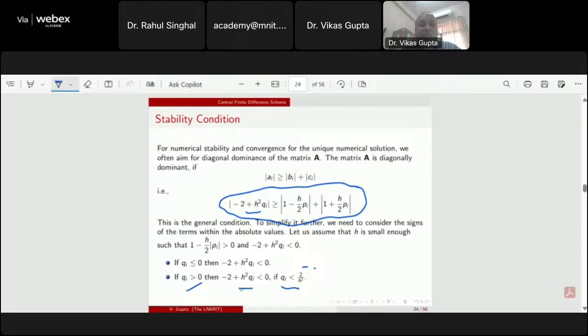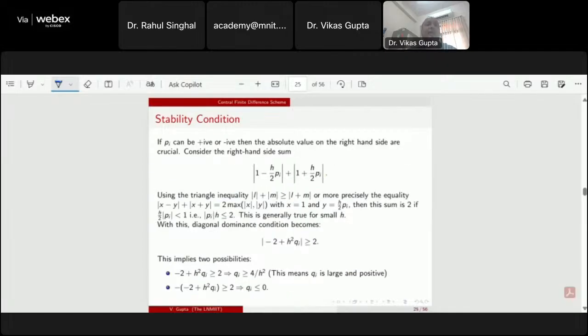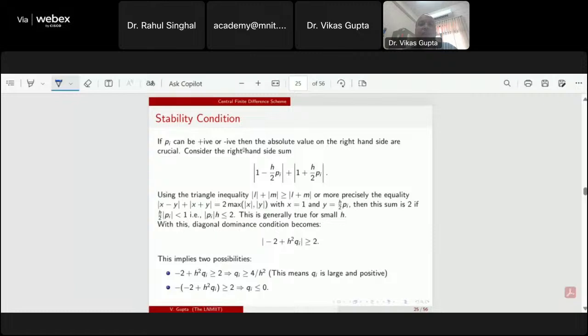Now if this condition is involved with the diagonal dominance condition, then the common condition will be qi less than 0, which I am showing in the next slide.